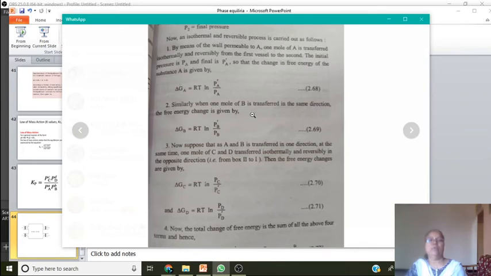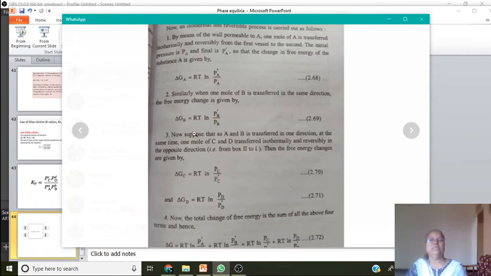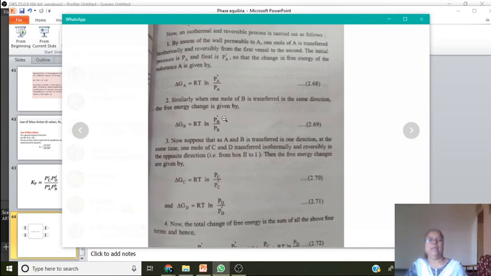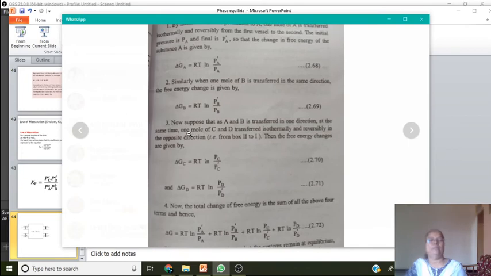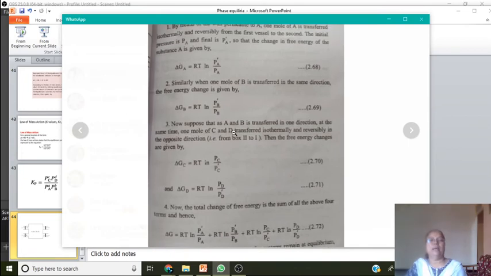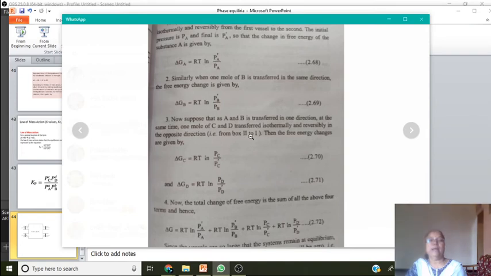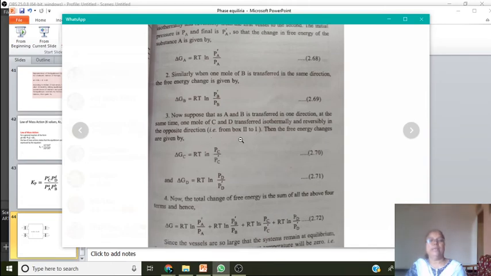Similarly, when 1 mole of gas B is transferred in the same direction, from box 1 to box 2, the free energy change is ΔGB = RT ln(P'B/PB). Now suppose that as gases A and B are transferred in one direction, at the same time 1 mole each of gas C and D is transferred isothermally and reversibly in the opposite direction, from box 2 to box 1.